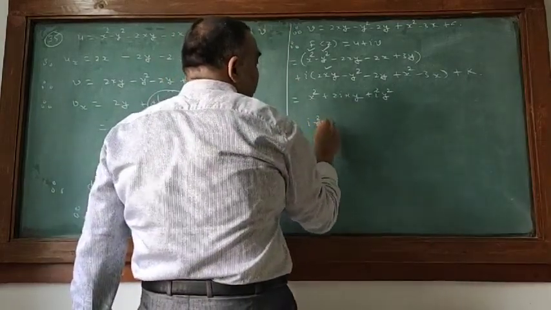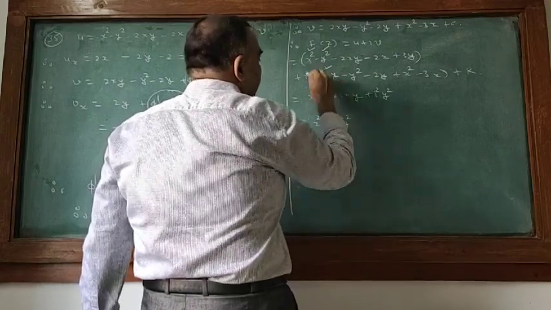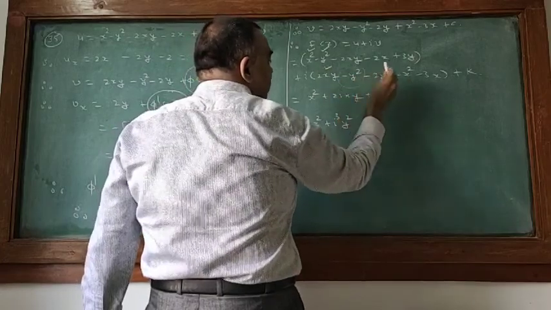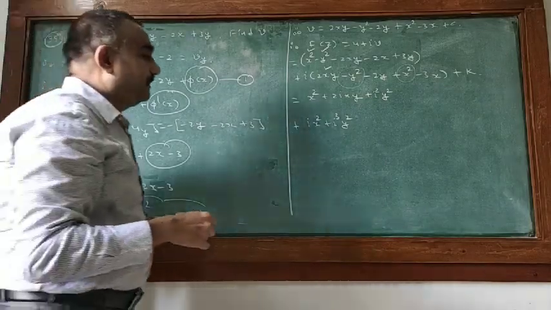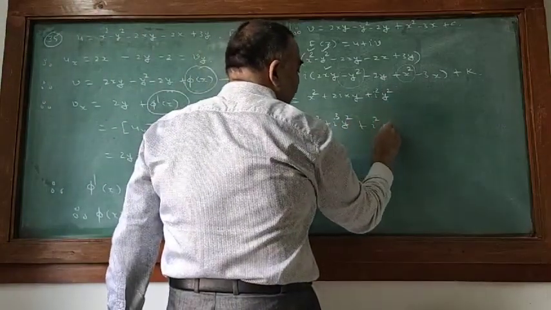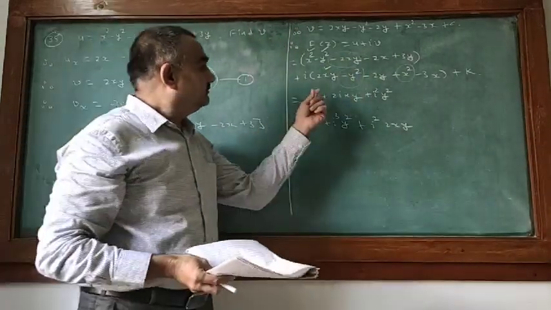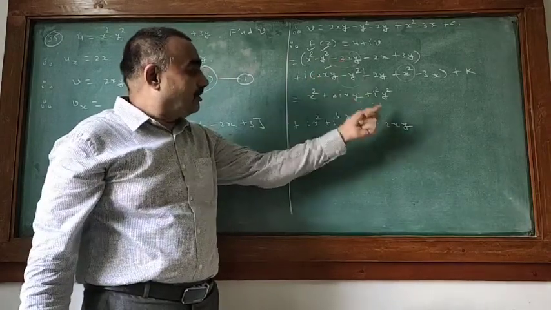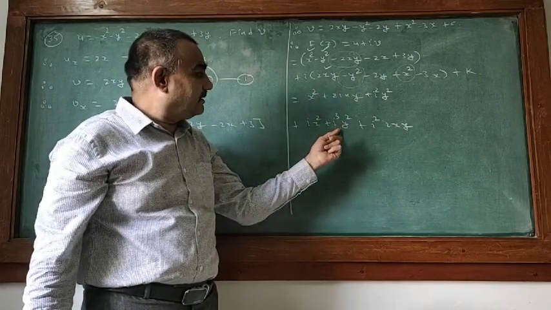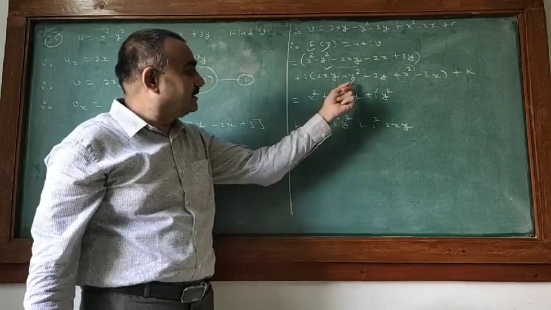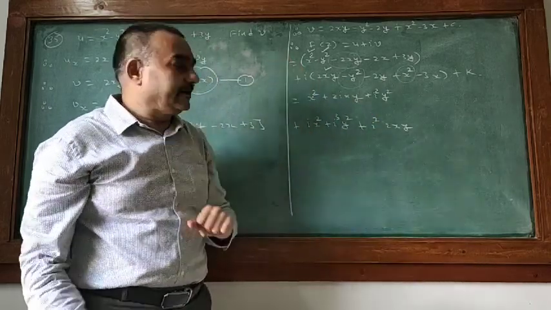Plus i x square plus i cube y square plus i square 2xy. See here, i square 2xy, i square y square, i square i cube y square, because one i is there, i x square. Clear? Now the remaining terms.